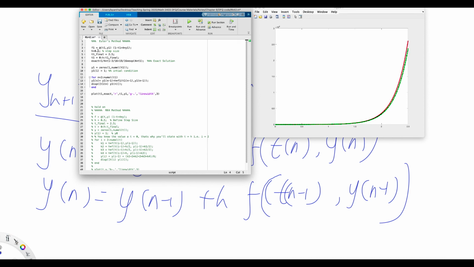But if h equals 0.05, it will be 0, then 0.05, then 0.1, 0.15. There will be so many steps, and the computer will have to calculate that many steps. In other words, it is more expensive and more time consuming. So you want a method that gives you a lower error with a higher step size.